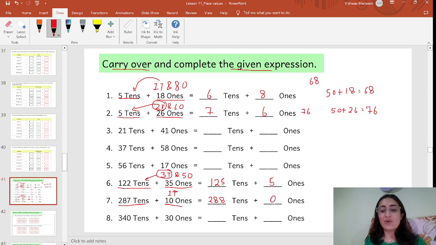We have 0 ones. Now if I have to write this representation in number form, it would become 288 tens. So 288 multiplied by 10 plus 0 ones, which is 2880. I hope this exercise is clear to everyone.